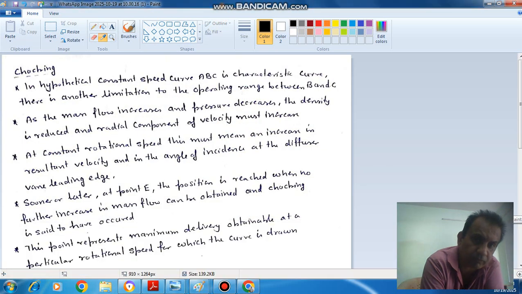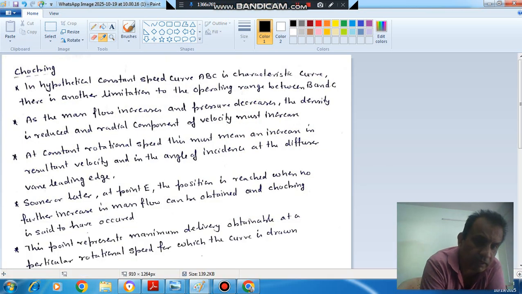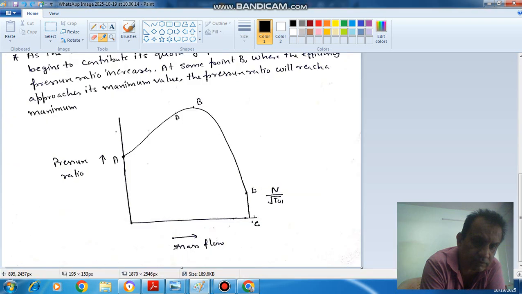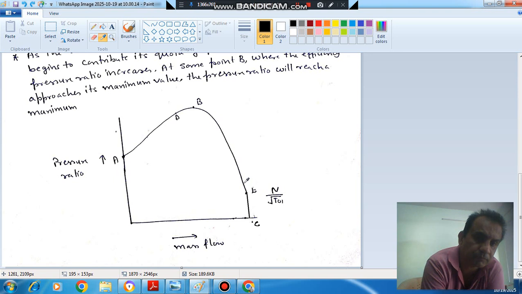And if the radial component of velocity is increasing and the speed n is constant, because we have drawn this curve for a particular speed, then your u will be constant. If u is constant, then Cw will be constant, but Cr is increasing.